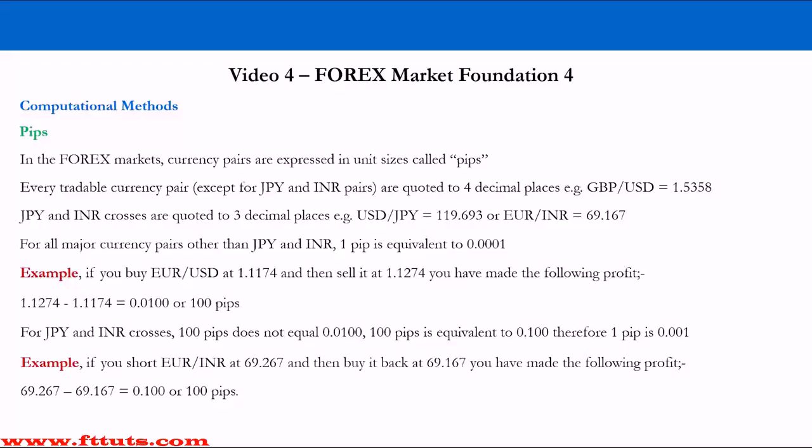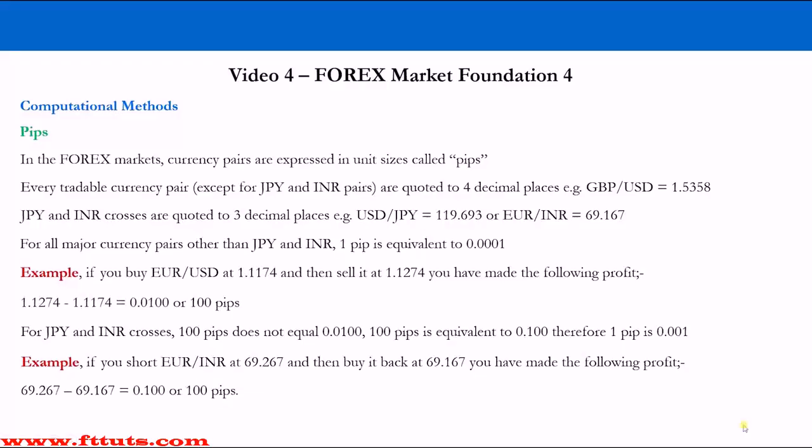So you basically minus 69.167 from 69.267, which basically equals 0.100, which in this example, because we're using the Indian rupee, is 100 pips.